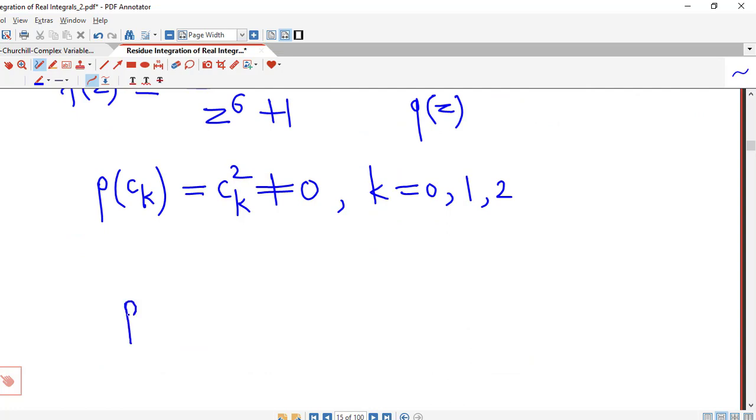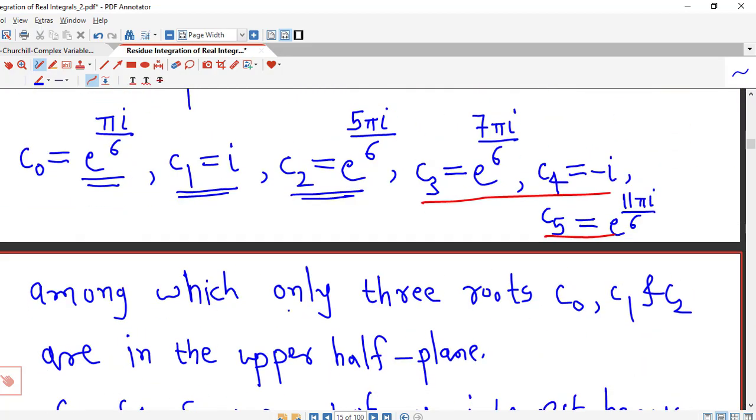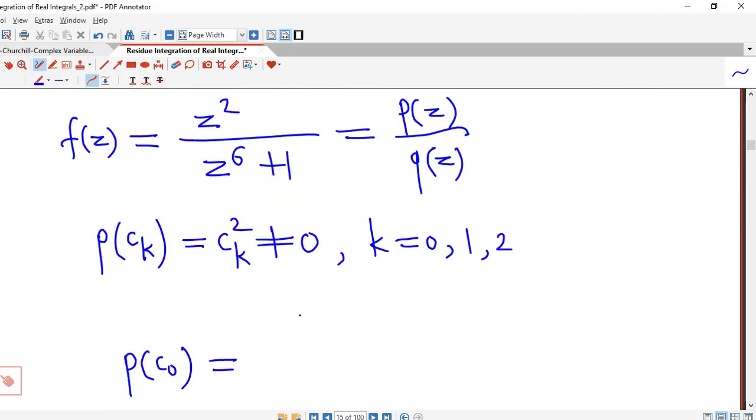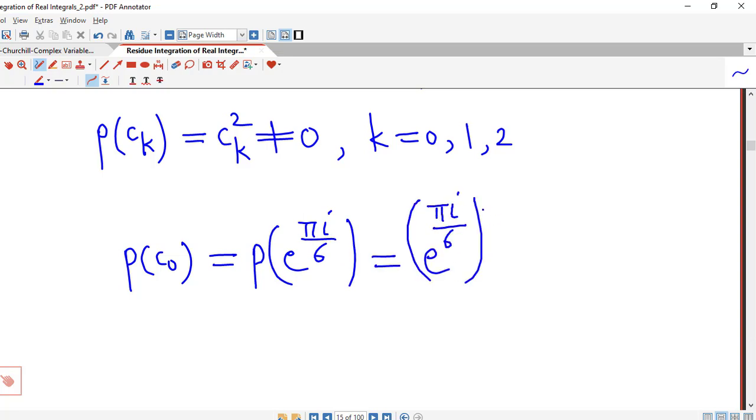So we can check for c0. If we consider p of c0, we have c0 is e raised to pi I by 6. So the value of p at this is the square of e raised to pi I by 6.